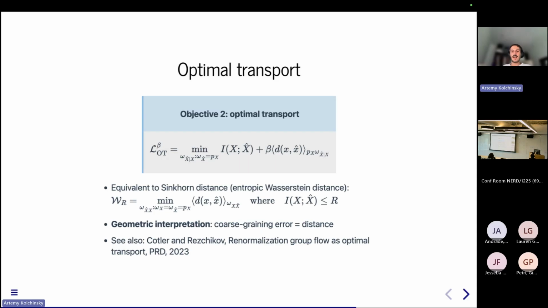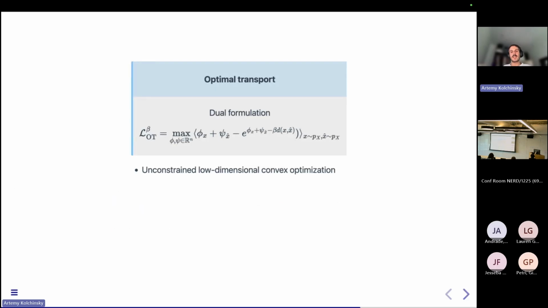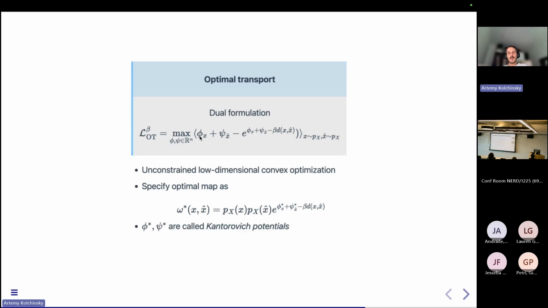I just want to say that this slightly different formulation, which is closely related to rate distortion, has one advantage: it has a very nice tractable convex dual formulation that gives us a kind of potential for different locations in the input state space.